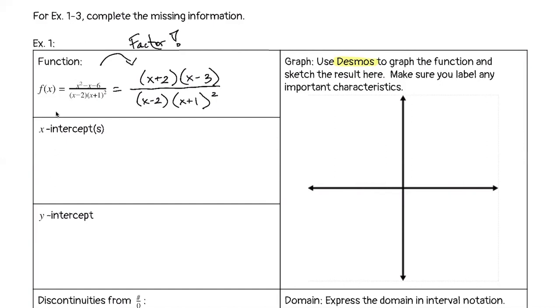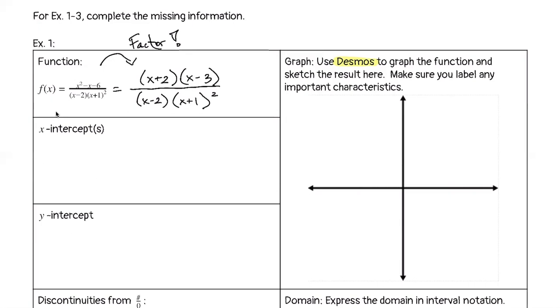So if I multiply x times x, I'll get x squared. That's good. Okay, my outer terms give me negative 3x. My inner terms give me 2x. So negative 3 plus 2 is negative 1. And then 2 times negative 3 gives me negative 6. Okay, good.